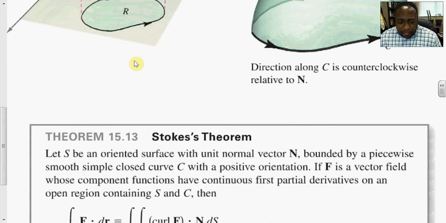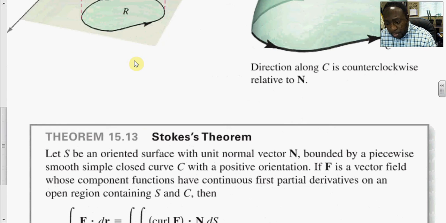If F is a vector field whose component functions, that is M, N, and P, have continuous first partial derivatives on an open region, why is that necessary? Well, that's necessary for the curl, but it's also necessary and important for Green's theorem.